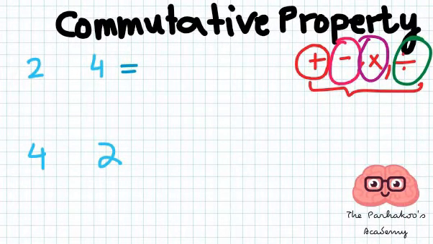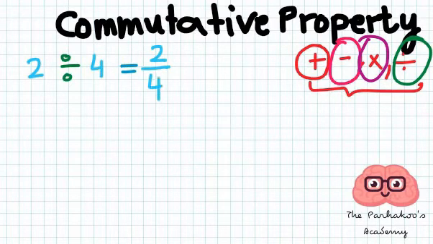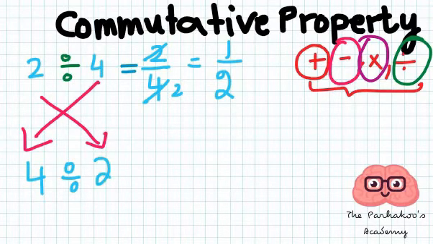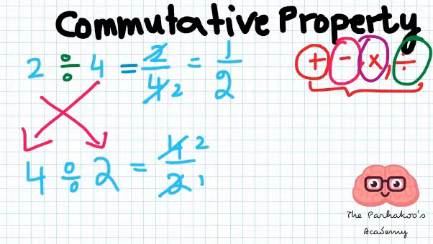Now let's see in division. So 2 divided by 4, you can rewrite it like this. So it's 1 by 2, it's 0.5, right? And if I swap the positions, which gives me 4 divided by 2, then it's going to be 2.